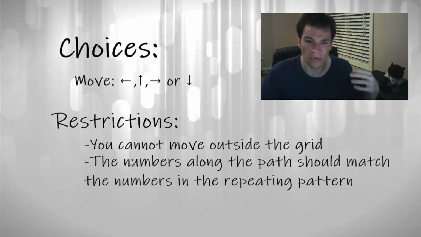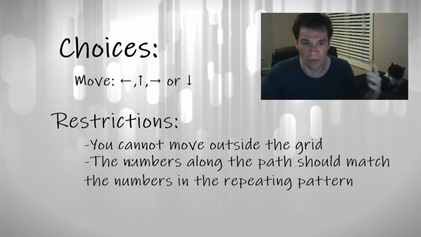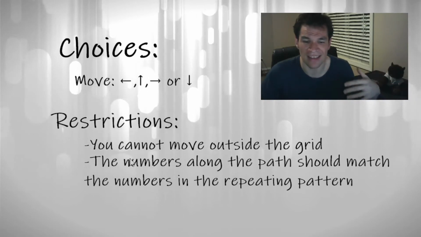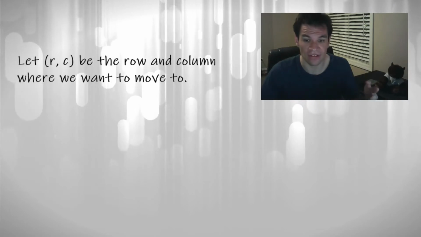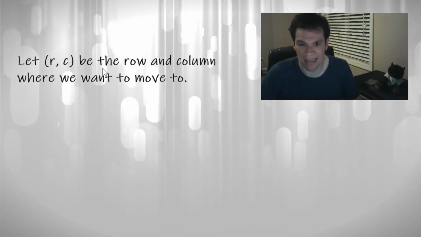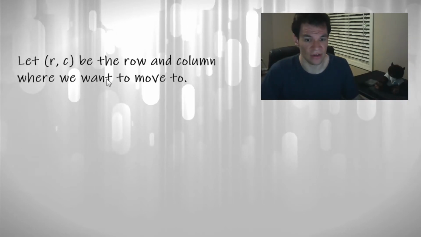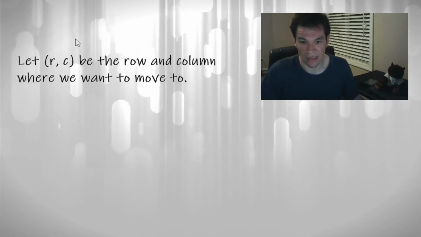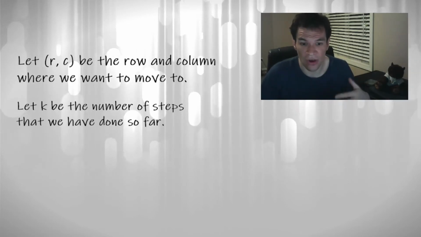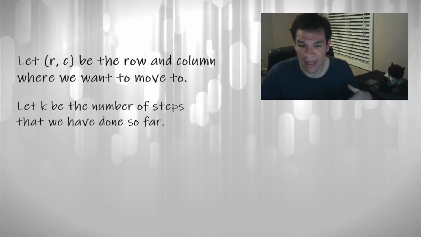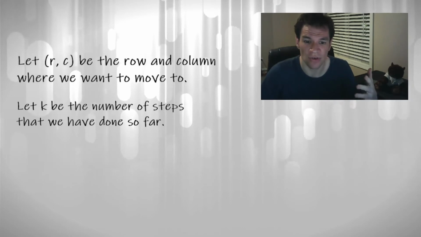But we need to rephrase these restrictions in order to be able to program them, so let's express them mathematically. First things first, the variable names. Let's call RC the current position on the matrix, that is, row and column. And now let's call K the number of steps that we have done so far.